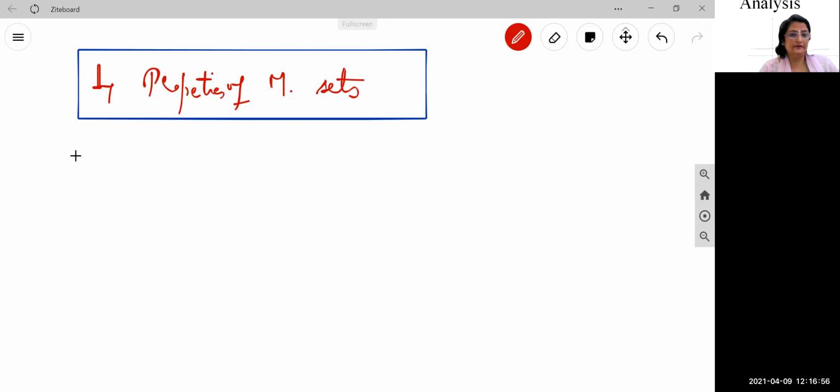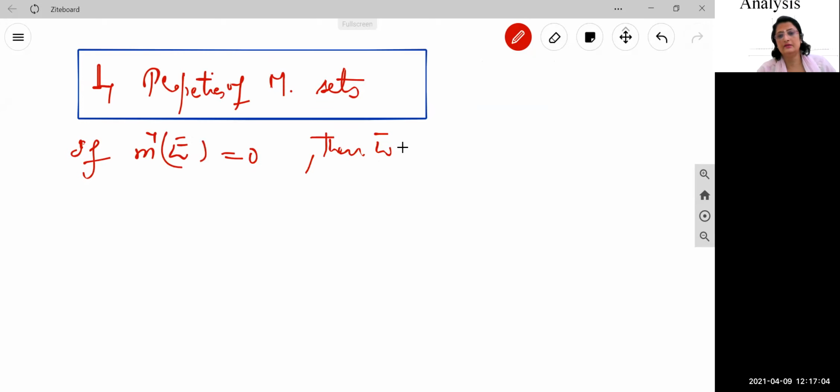So what it states, if outer measure of a set E is 0, then E is measurable. But यहाँ measurable doesn't mean you must have the finite answer. It means that if another set A can be divided into two pieces which are additive with respect to the measure, then we will say that the set is measurable. ठीक है. उसका आंसर infinite भी आ सकता है.